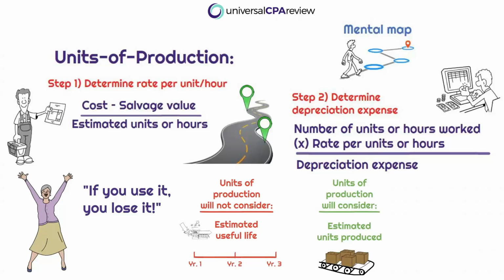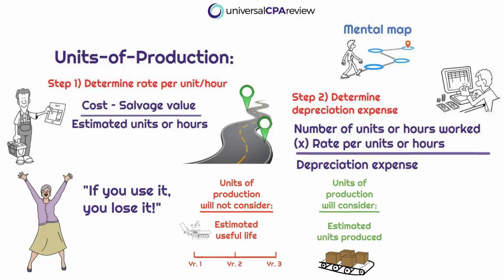So we are not focused on the estimated useful life of the asset, right? We don't care how long the asset will live per se. Instead, what we need to estimate is how many units we think we can produce from using this asset, right? What's our output? Okay, so as the name suggests, units of production is what we are focused on here.